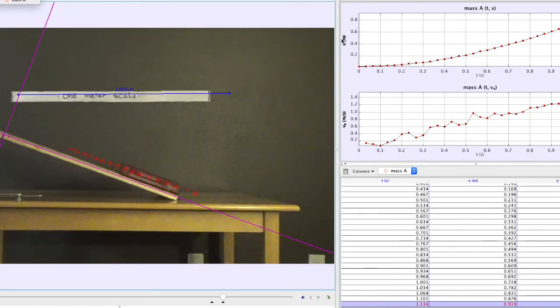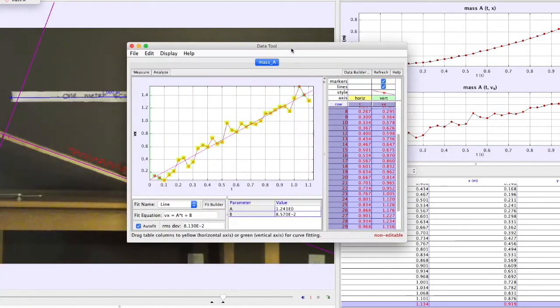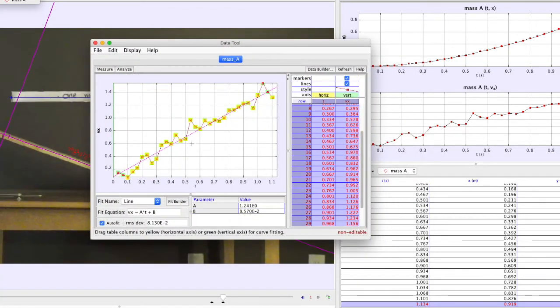Those two plots, position versus time and velocity versus time. And what I did, I fit the velocity versus time with a line, as you can see right here. So you can see the acceleration a here is equal to 1.241 meters per second squared.